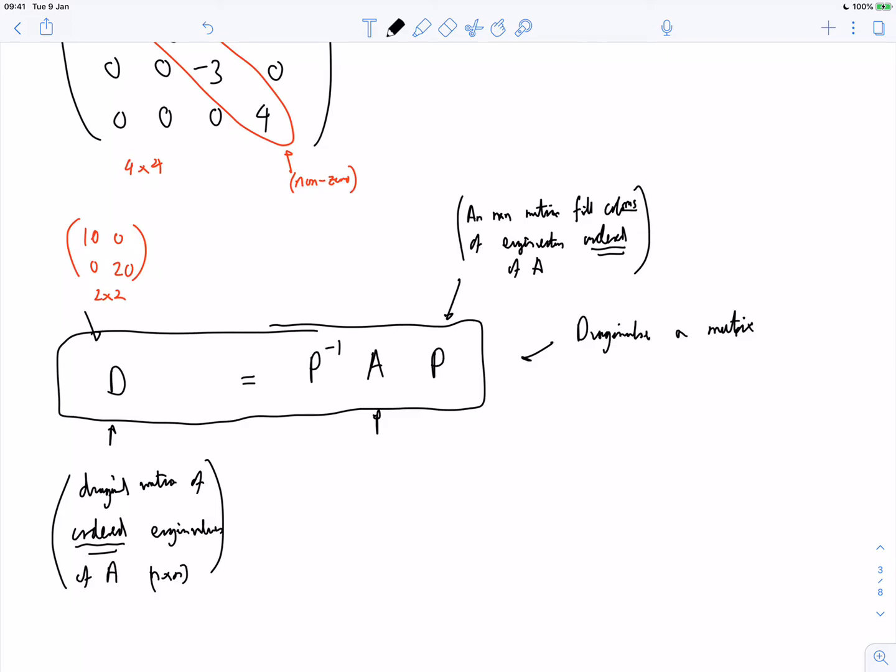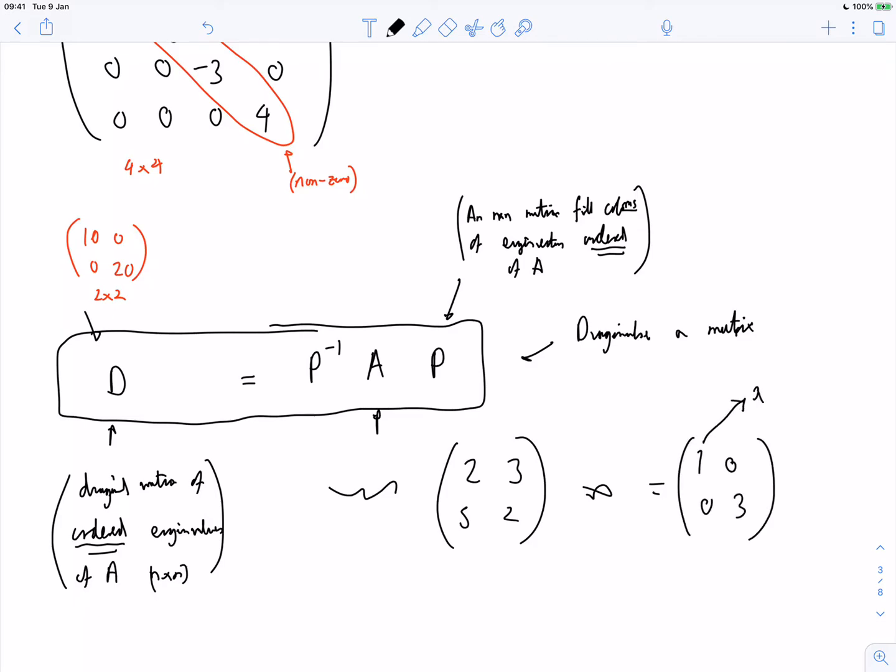So it turns a matrix from what should be horrible, like 2, 3, 5, 2, and then we do stuff to it either side, and then it will spit out something nice like 1, 0, 0, 3, where the x coordinate gets multiplied by 1 and all the y coordinates get multiplied by 3, and so on. Really cool.